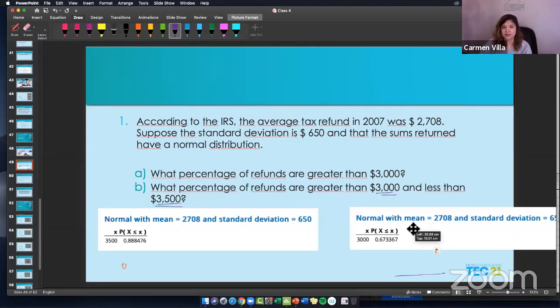Because we always subtract the smaller from the bigger one. So we can keep the part in between. It's not writing.